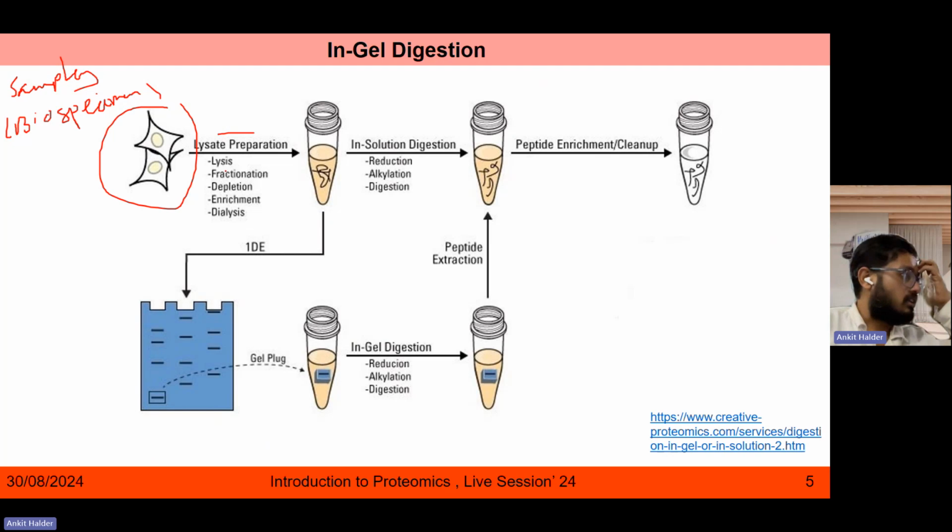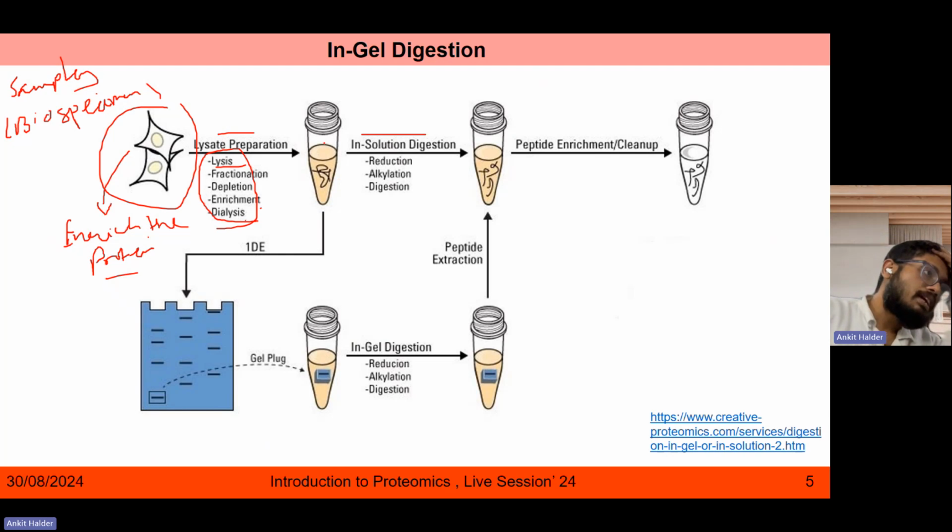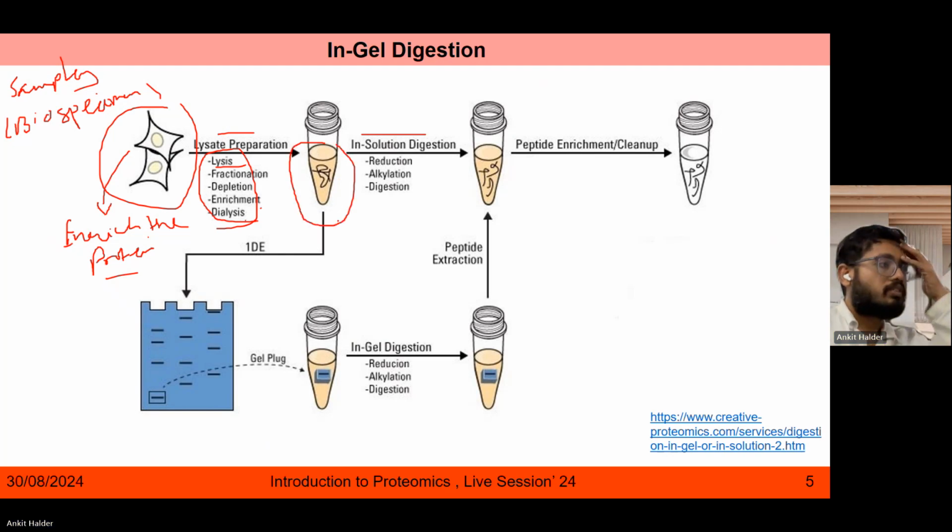We prepare the lysate through lysis, fractionation, diffusion, enrichment, dialysis, etc. All these belong to the lysate preparation from the sample biospecimens, and then finally we go for in-solution digestion.